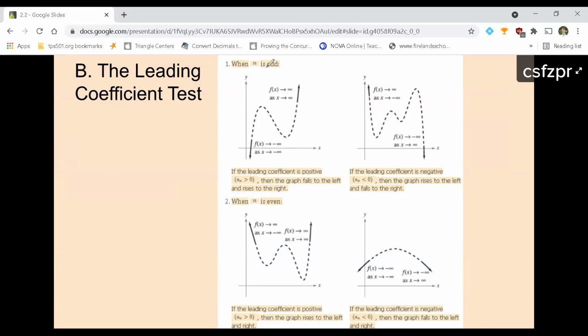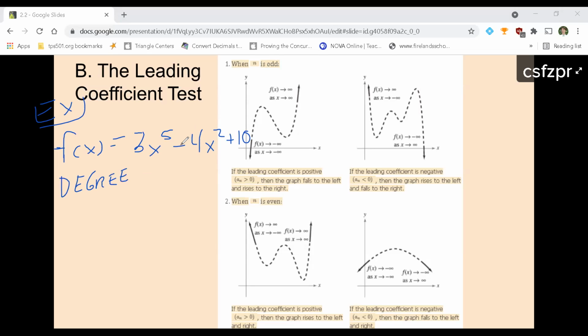So for example, if we had f of x was, I don't know, 3x to the 5th minus 4x squared plus 10. This polynomial would have a degree of 5 because 5 is the largest power.